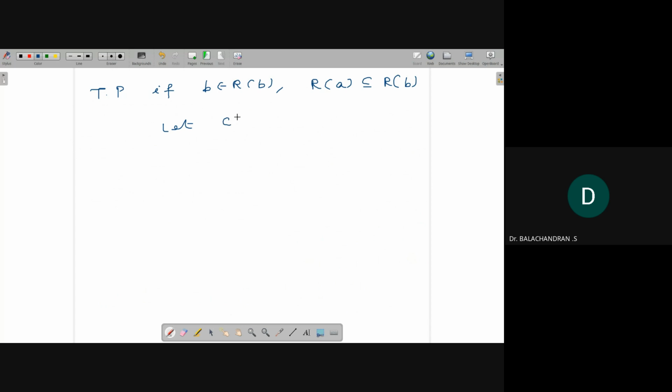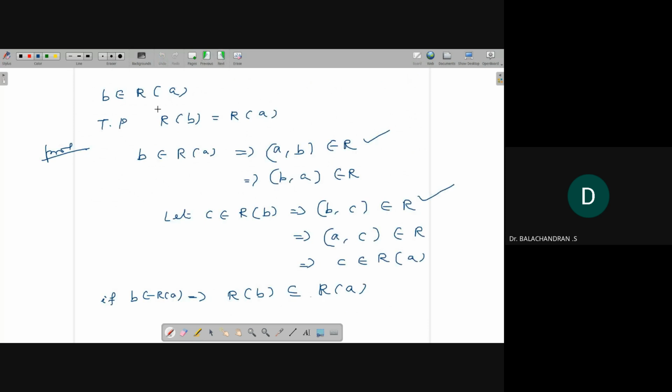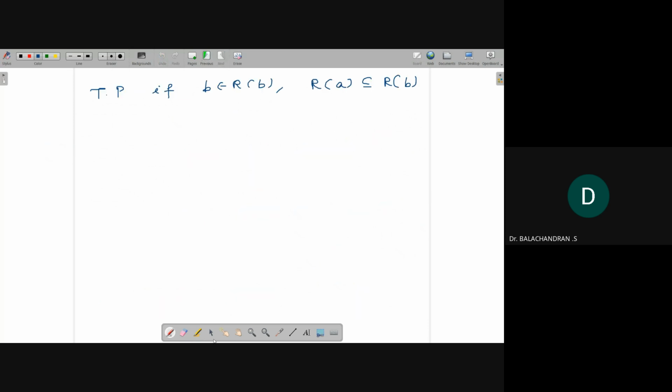Let C, again I'll take the same element, or you can take a different element, C in R of A. Before this, you can write that B belongs to R of A implies A comma B in R, and B comma A is also in R because of symmetry.